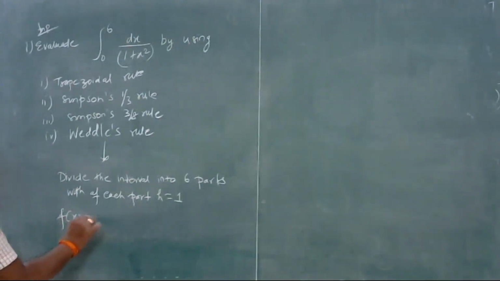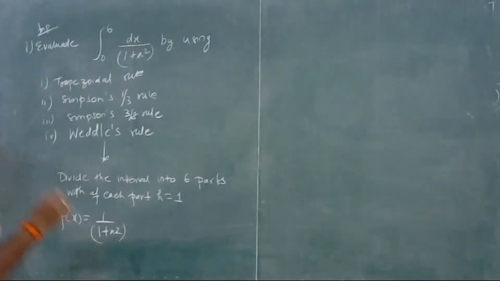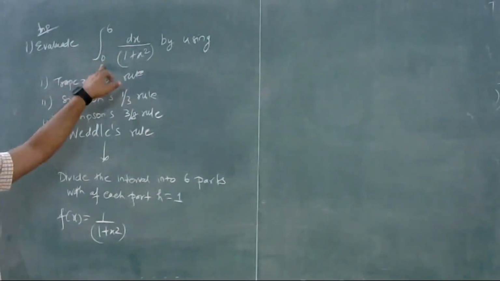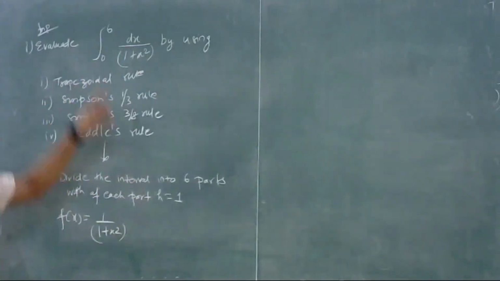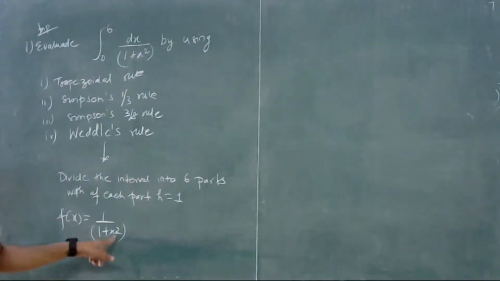So let f(x) = 1 upon 1 plus x squared. We have to find the values of y0, y1, y2, y3, y4, y5, and y6. So what will we do? We put in the values of x. We have divided 0 to 6, so x will be 0, 1, 2, 3, 4, 5, and 6, and we will substitute here and find the corresponding f of 0, 1, 2, 3, which is y0, y1, y2, y3, and so on.